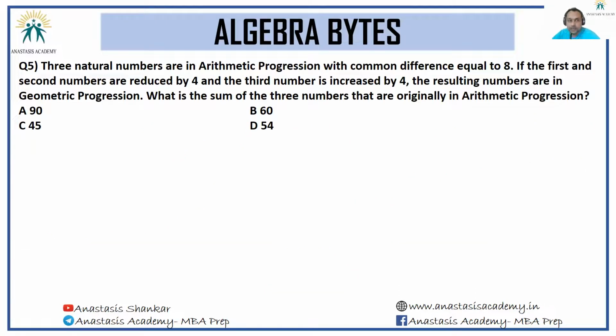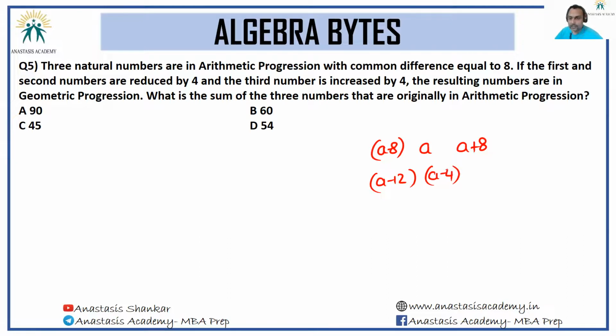Last question. 3 natural numbers are in arithmetic progression with a common difference equal to 8. So let those 3 numbers be a minus 8, a, and a plus 8. If the first number is reduced by 4, I get a minus 12. Second number is reduced by 4, I get a minus 4.